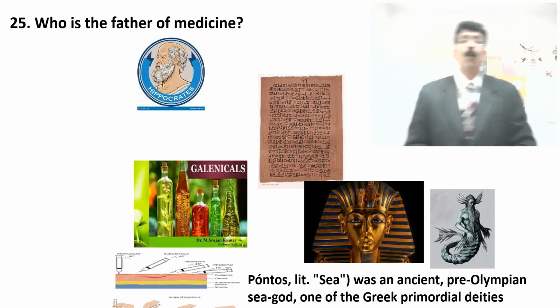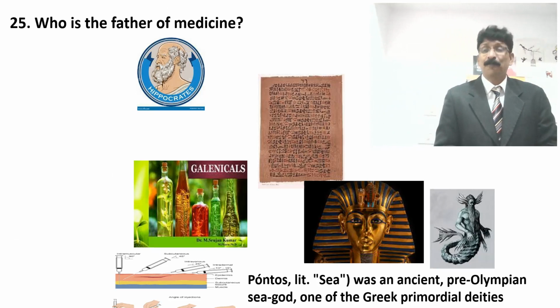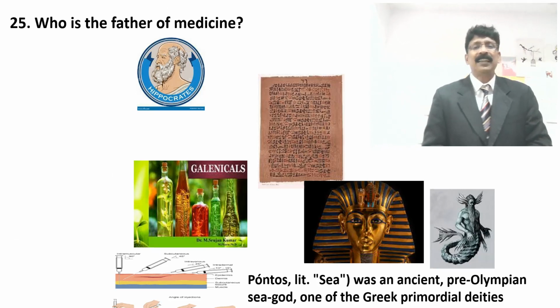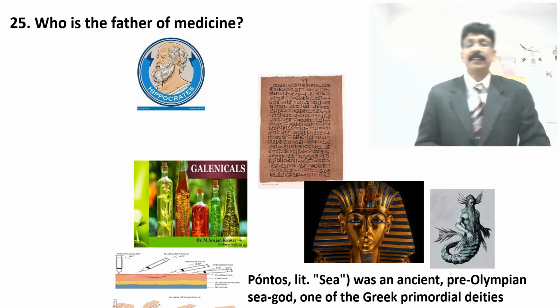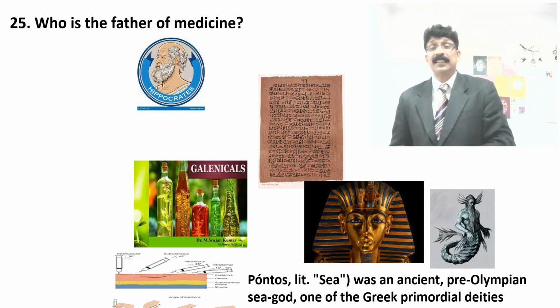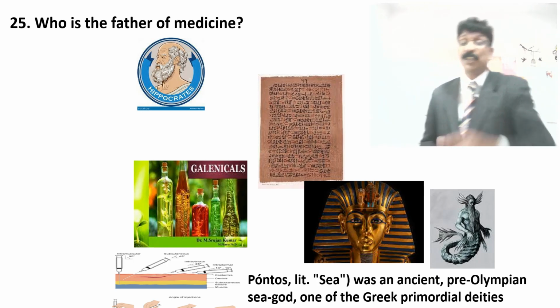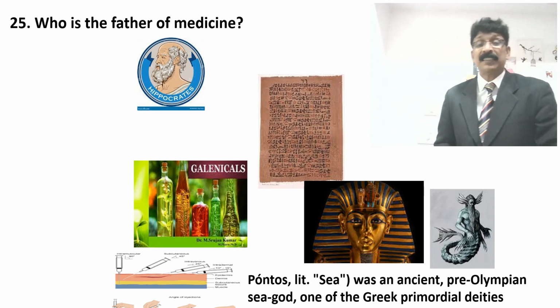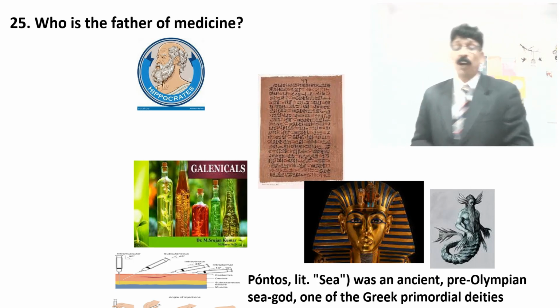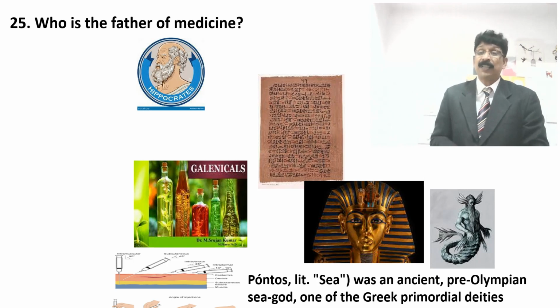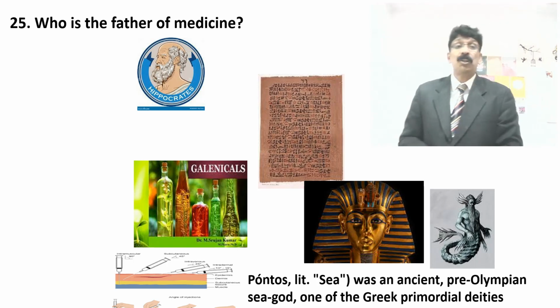And who is the father of medicine? We have just seen in the first slide. That is Hippocrates. There is a prescription also, as shown, the papyrus prescription in Egypt. And you can see the sea god, Greek god, called Pontos. Pontos means the ancient sea god. So they gave a choice.